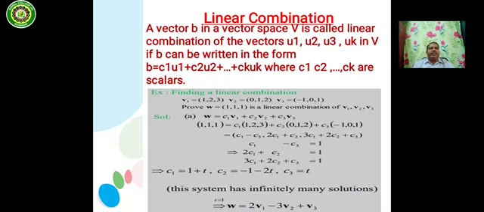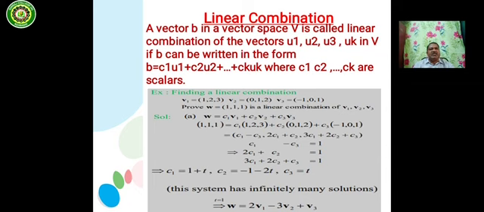Next definition, linear combination. A vector b in a vector space V is called a linear combination of the vectors u1, u2, u3, and so on up to uk in V, if b can be written in the form b equals c1 u1 plus c2 u2 plus and so on plus ck uk, where c1, c2, up to ck are scalars.